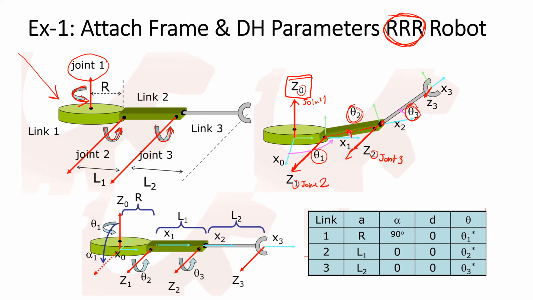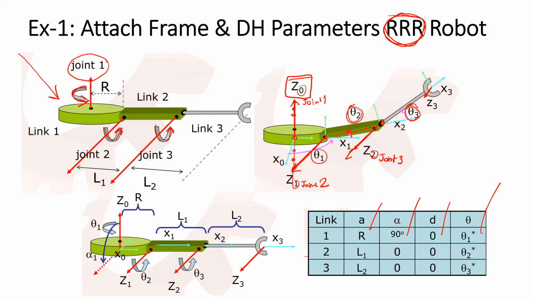It means that you can put the origin anywhere on the Z0. But where should be the appropriate position to put the origin? It should be the point that makes the offset parameter for the first link become 0.